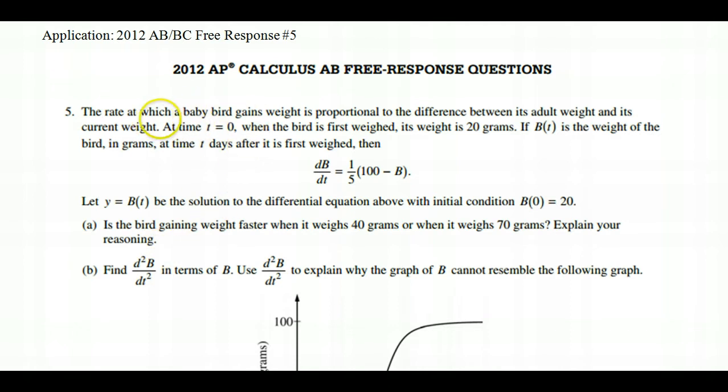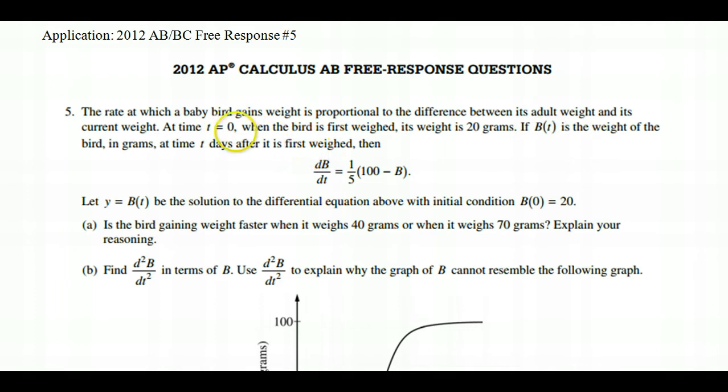What's happening is they're telling us about how fast a baby bird is growing. So when we see dB dt, we're thinking a rate of change because we've been given a derivative or an instantaneous rate of change. So the rate at which the bird is growing is given by 1 over 5 times 100 minus b, where b is itself a function, the function of the weight of the bird t days after the very first time it is weighed.